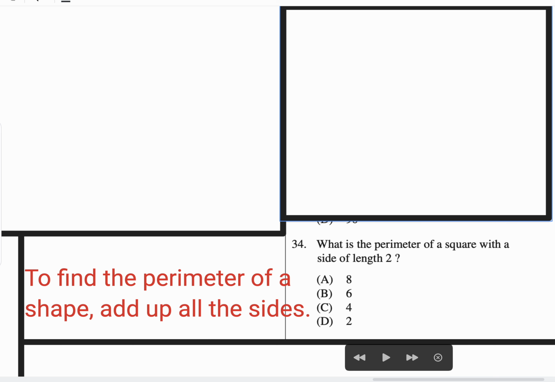So if one side is 2, then all 4 sides are equal to 2.